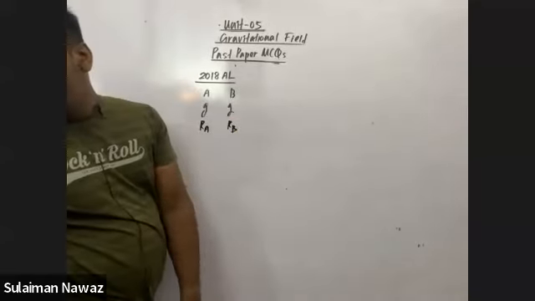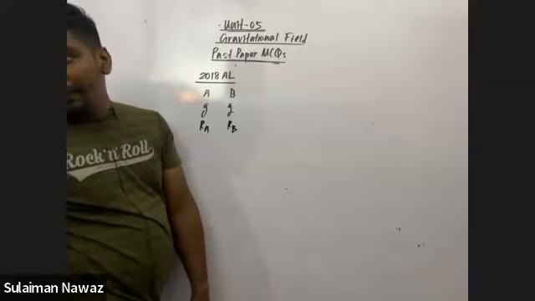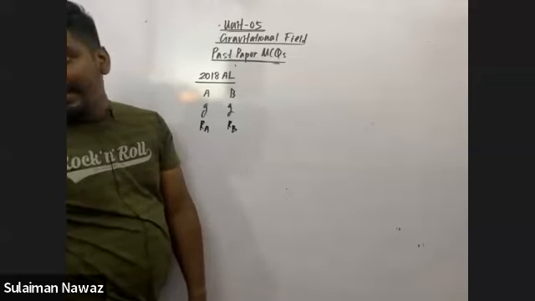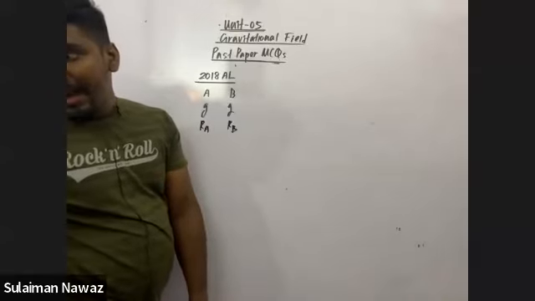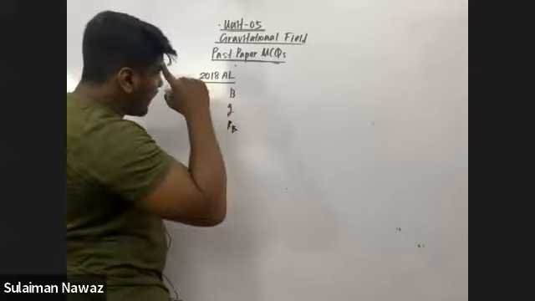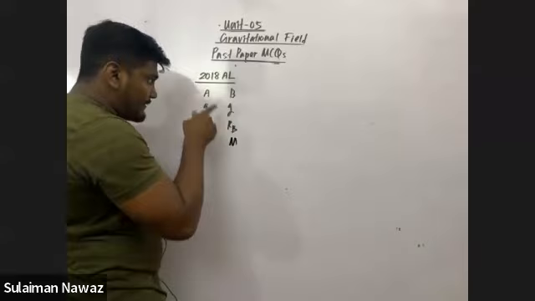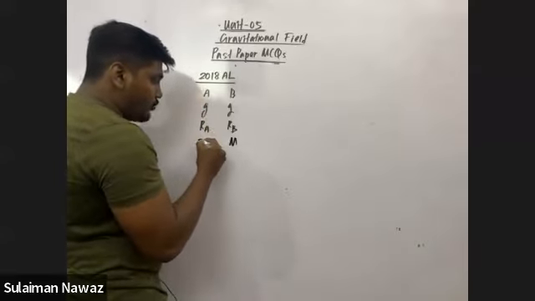Further, they mentioned uniform spherical planets of radius RA and RB. If the mass of A is twice the mass of B, let's say the mass of B is capital M, then what must be the mass of A?